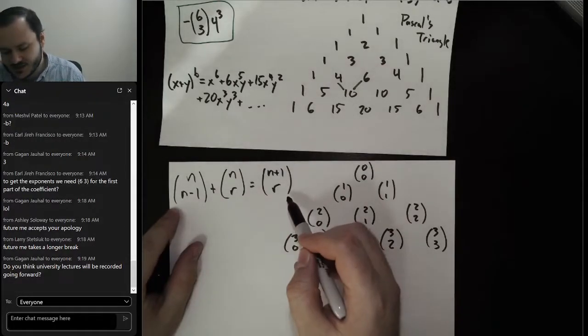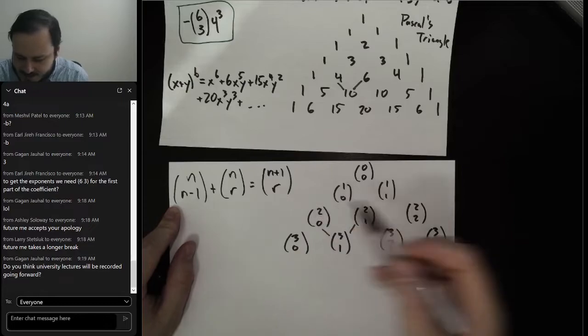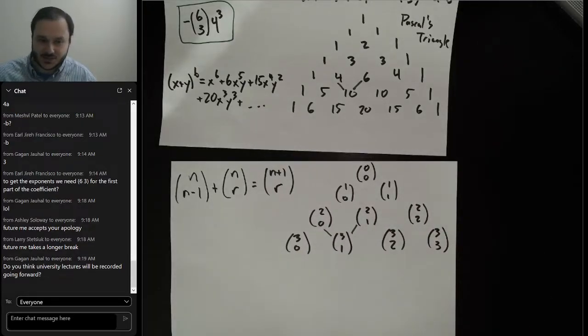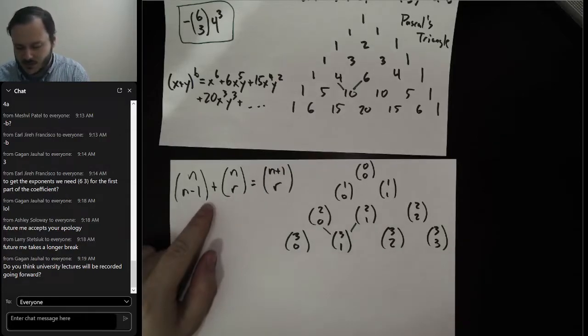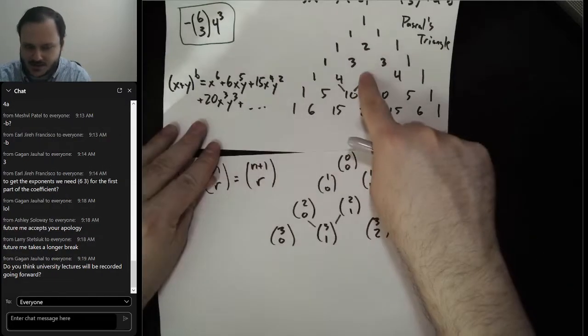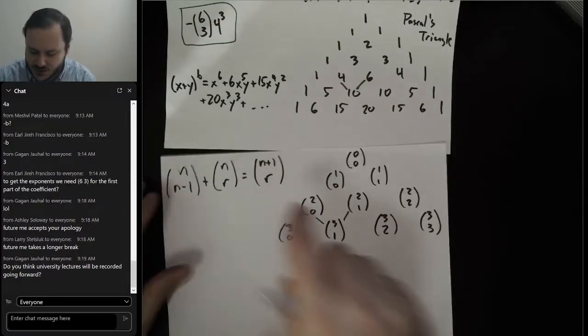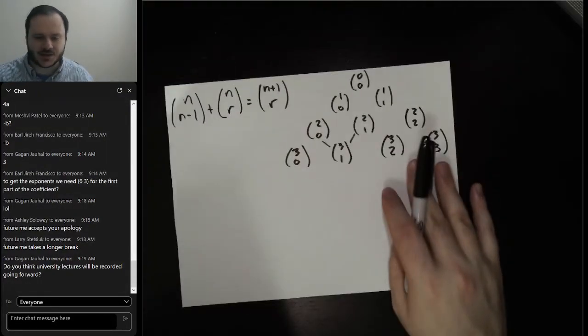This is an identity that's suggested from Pascal's triangle. This isn't a proof that this is true. It's just, well, if that's how Pascal's triangle works, then that's how binomial coefficients work. This should be true. So let's prove this.